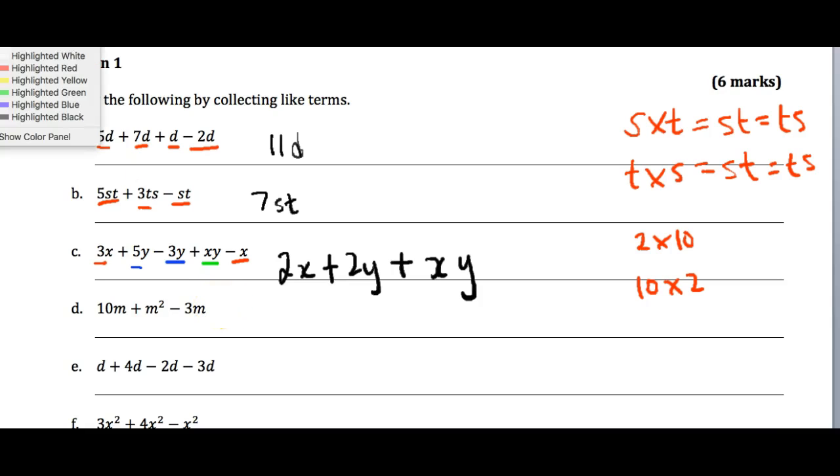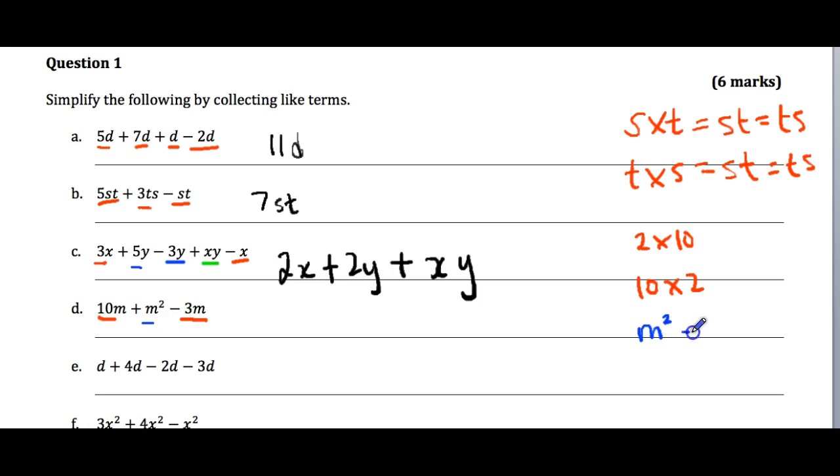Let's keep going. Again, I'm going to start with my red, underline anything with an m, and the m squared is not the same. It's not a like term, so I'm just going to underline that in red over here to show you. m squared is the same as m times m, so that is not the same as just m by itself.